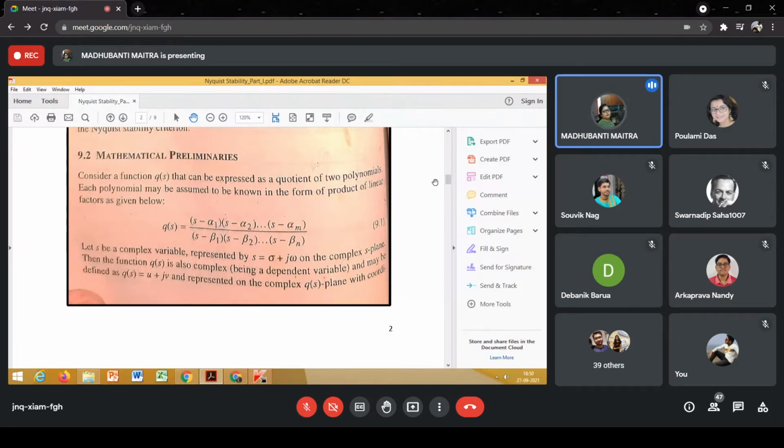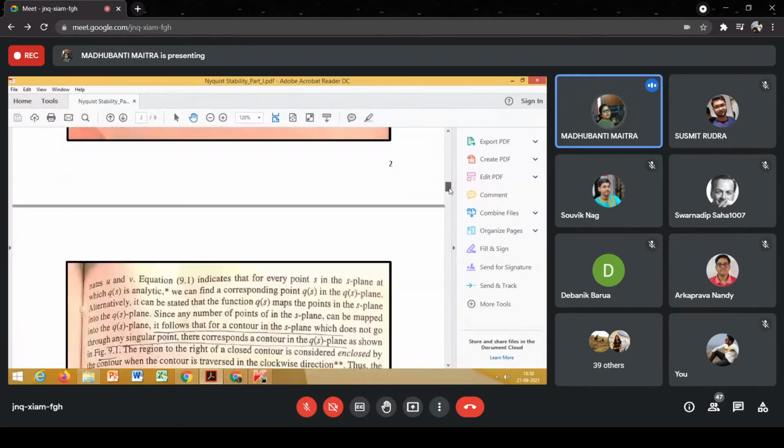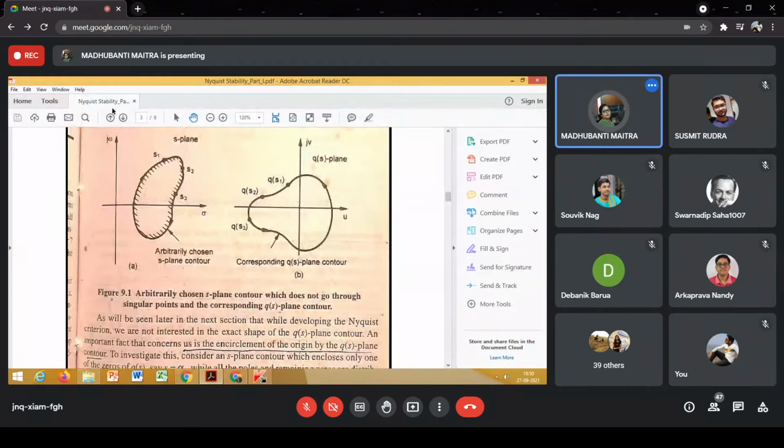So already we are familiar with the s plane. This is our s plane and the axes are sigma and j omega. So suppose some Q(s) is given and at s equal to s1, Q(s) is analytic. Hence we'll get a value Q(s1). Agree?